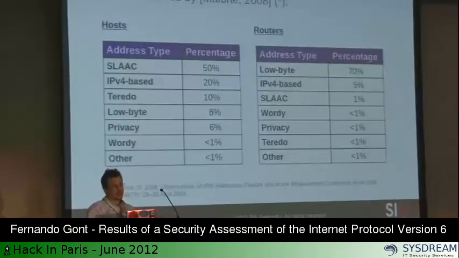But the general idea that I would like to give you with this slide, and that I think should be clear from it, is that IPv6 addresses are not randomized, but follow very clear patterns. So the assumption that IPv6 addresses are random is not actually correct.